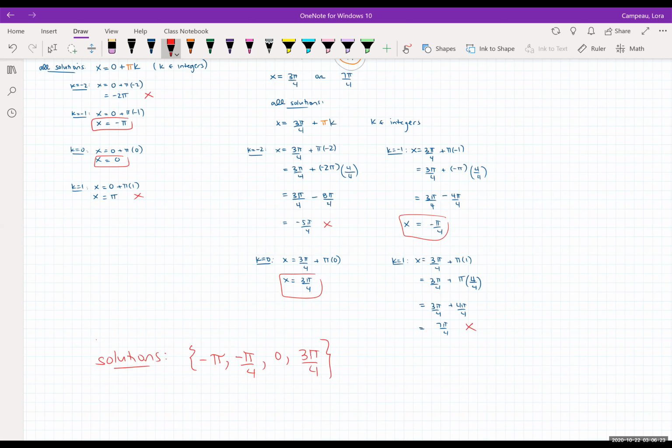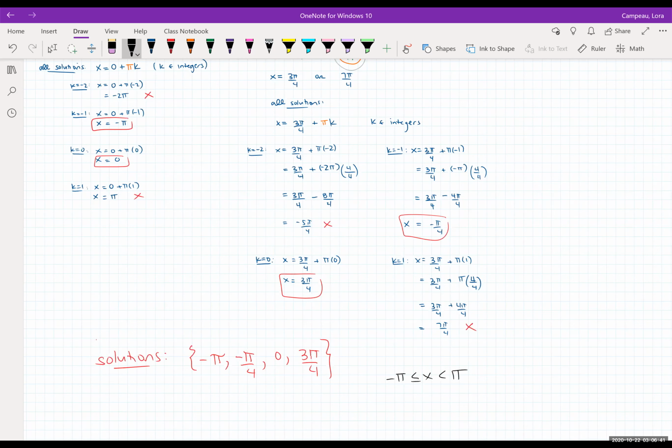To solve that equation, remember the domain was supposed to be in between negative pi and positive pi. So finally, we actually have the solutions to our equation.